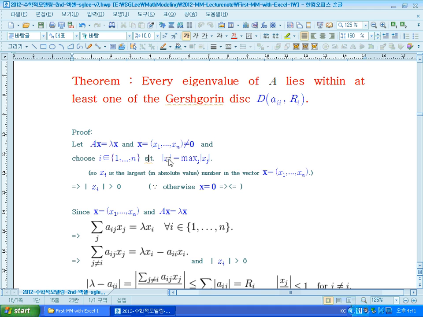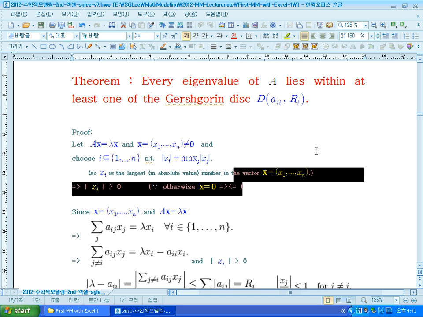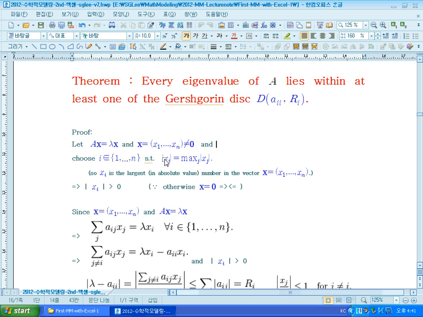So x_i is the largest in absolute value in the vector. Among x_1 to x_n, this x_i has the largest absolute value.